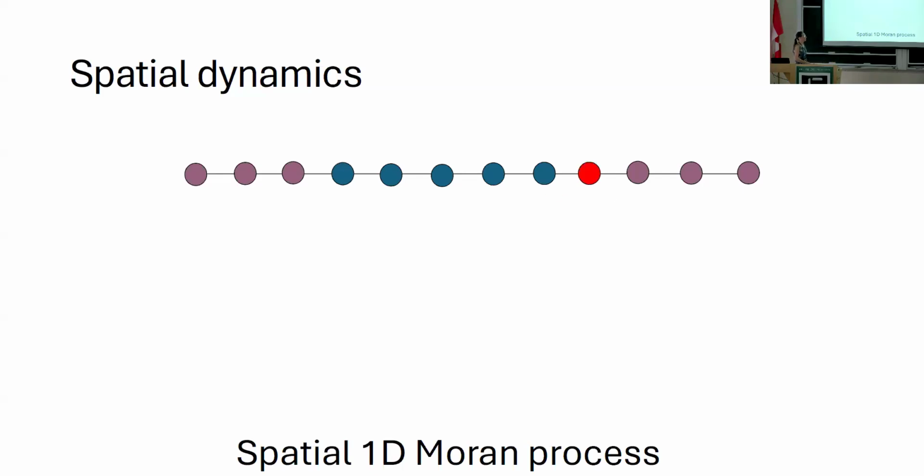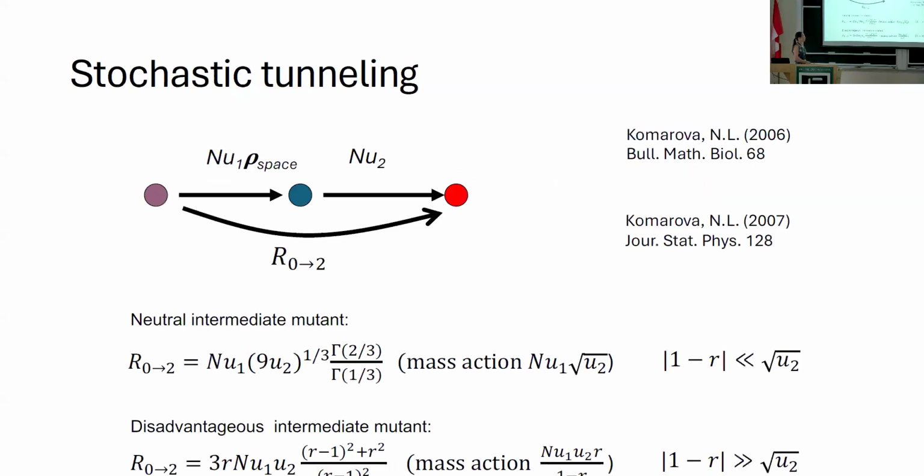Okay, again, we stop when a super mutant arises, and we can calculate the rate of evolution in this case. This is the formula, for example, for the neutral intermediate mutants. And the point is that it's faster. So adding spatial interactions, making competition local, speeds up evolution in this case. And you can see why.